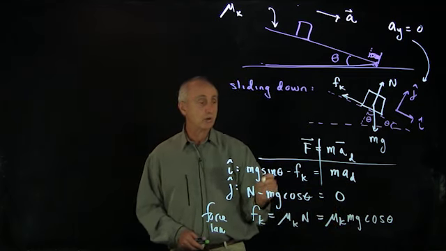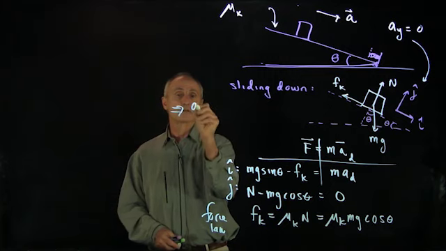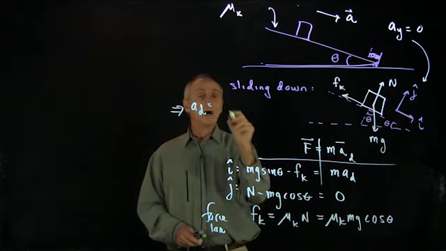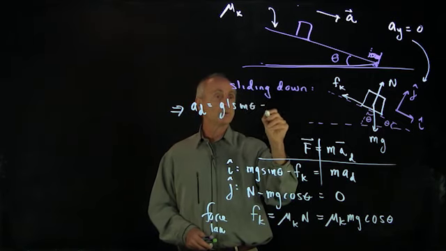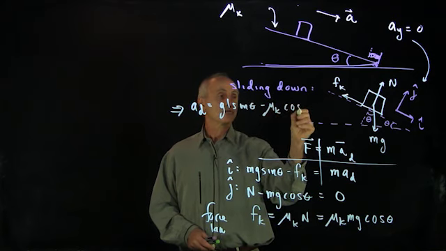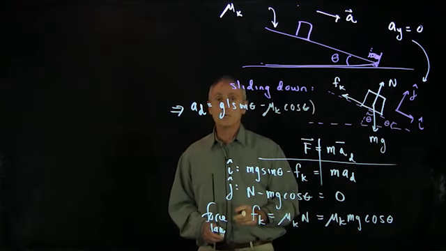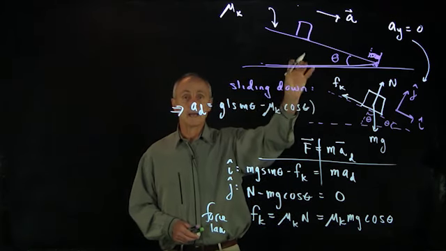Notice the mass will cancel, and what I get is that the acceleration going down is just equal to g times sine theta minus mu k cosine theta. And so that's how we can analyze the acceleration when the block is sliding down.